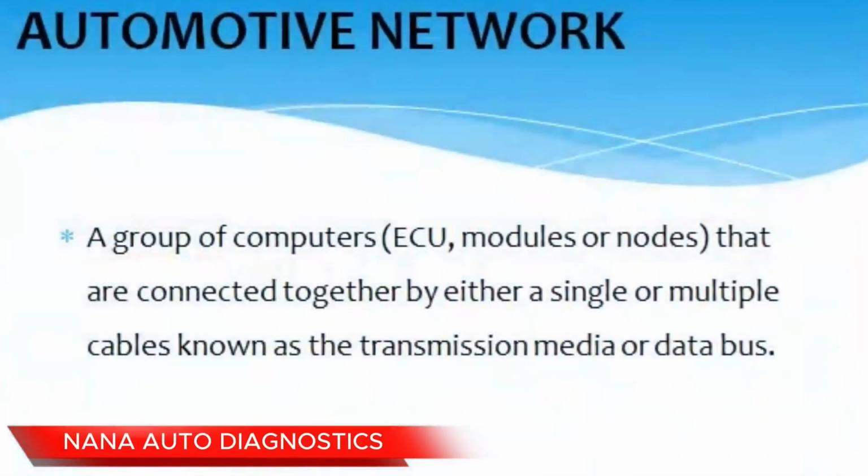An automotive network is a group of computers, you can call them ECUs, which translates to electronic control units, or modules or nodes that are connected together by either single or multiple cables known as the transmission media or data bus.